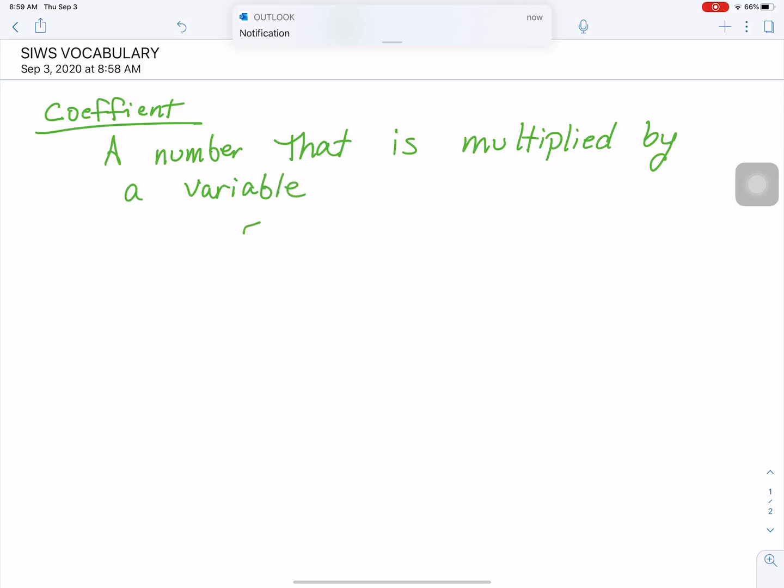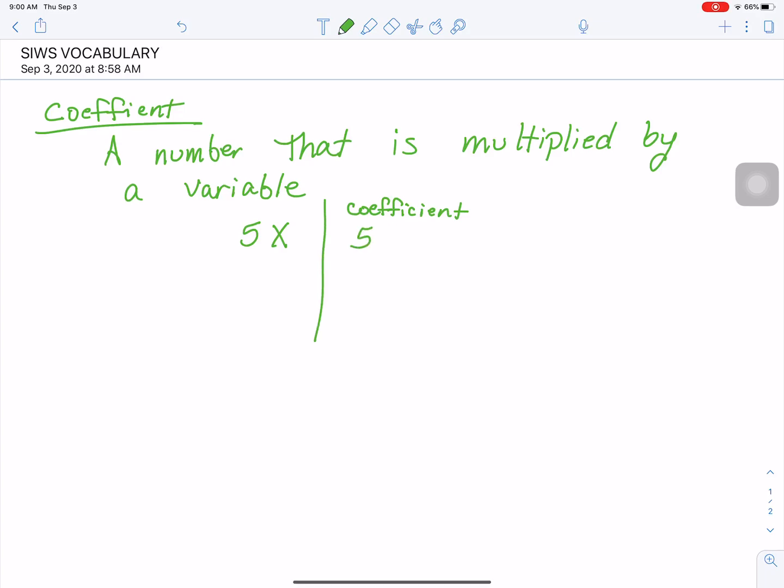So if I told you 5x, the coefficient, I'm going to put a chart here. The coefficient would be 5. If I said a half x, it'd be a half. I could also write just an x, and we don't see a number there, but there is a number out front.